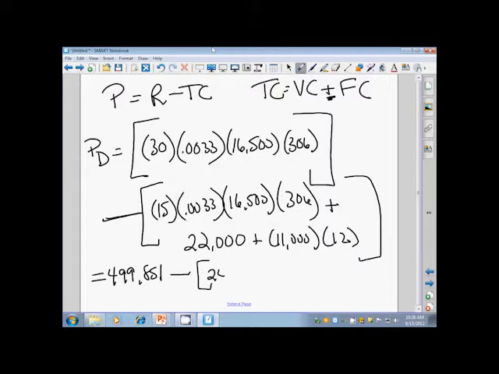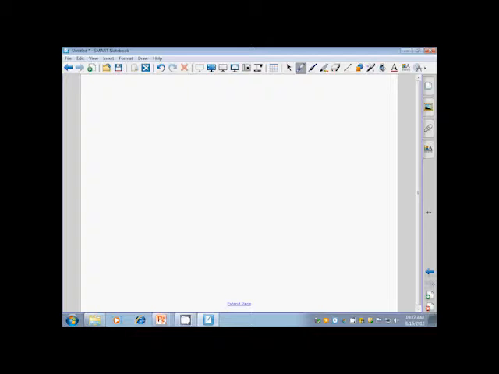I got 249,925.50 plus 22,000 plus 11,000 times 12, which I got at 132,000. So I am going to take this to the next page, and we're still looking for the profit for downtown.